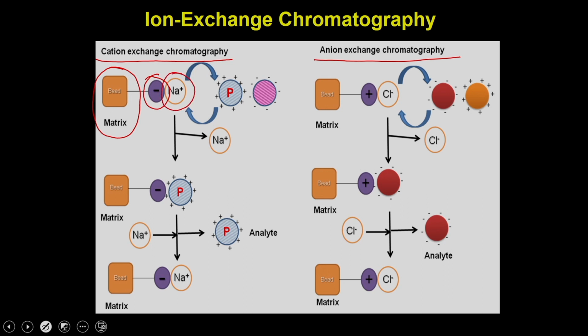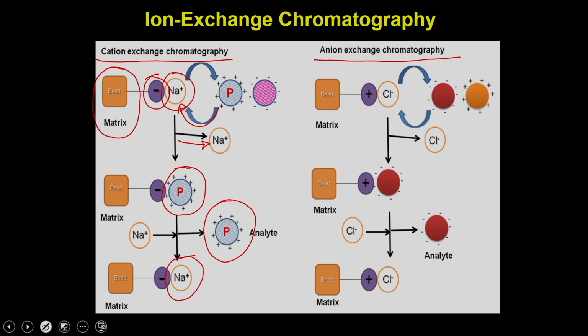Now, once you flow the positively charged proteins, the positively charged protein is going to compete for the counter ion, which means sodium, and the sodium is going to be displaced from the matrix and the positively charged protein is going to bind to the matrix. Now, if you flow a very high concentration of the counter ion sodium, the sodium is again going to bind to the matrix and it is going to elute the proteins.